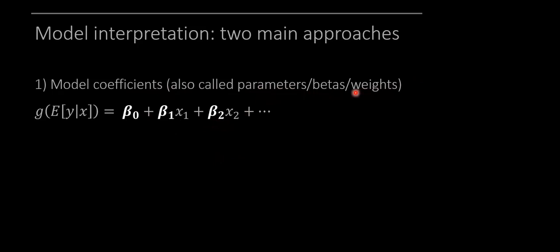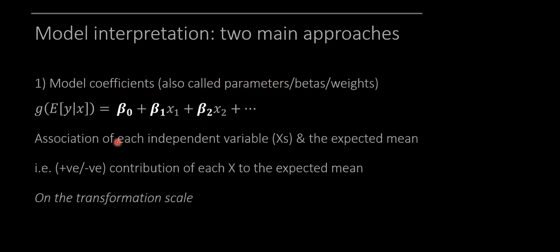Regression weights is another one, but it all means the same thing. I tend to use coefficients. The coefficients give us the actual modeled relationships between the independent variables and the outcome. Broadly speaking, they tell us the association of each independent variable with the expected mean, so the positive or negative contribution of each independent variable to the expected mean.